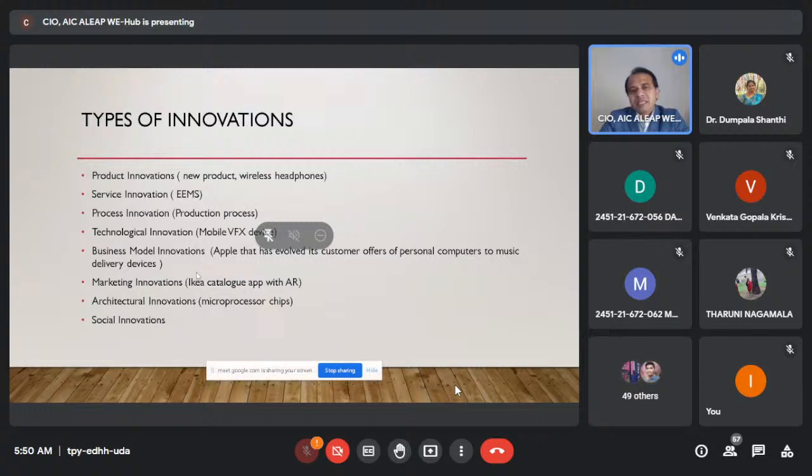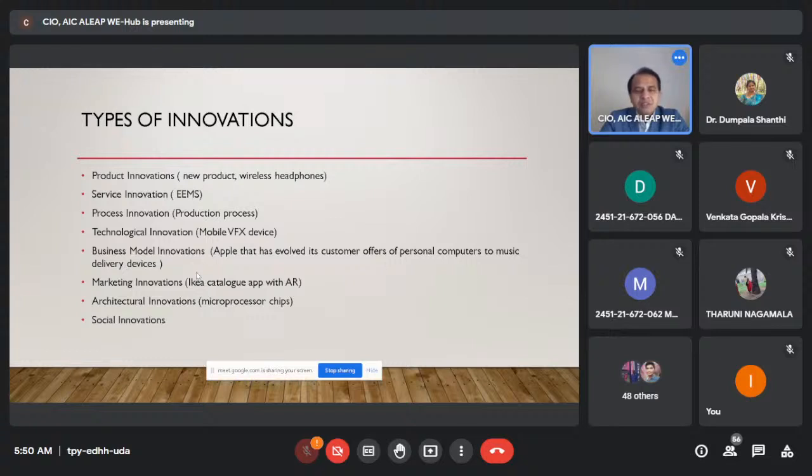Even in the electronic sector, you have certain services where electronic appliances can be delivered to your doorstep, referred to as service innovations. Now Uber, or in the food sector we have Zomato and Swiggy. So these are all the best service innovations.